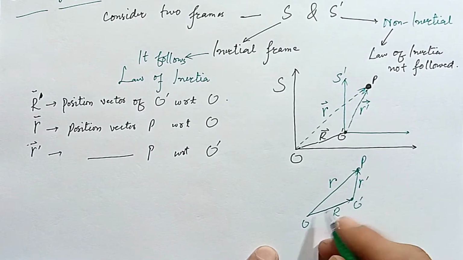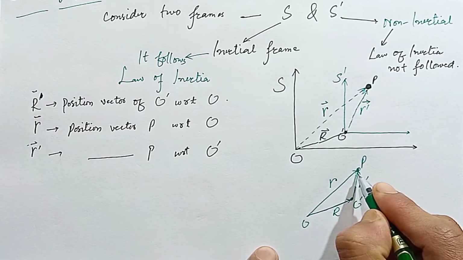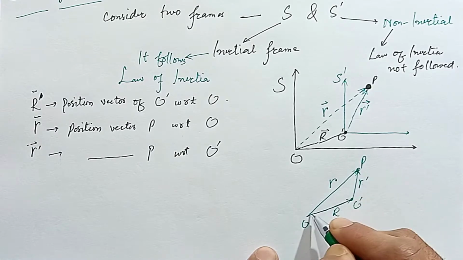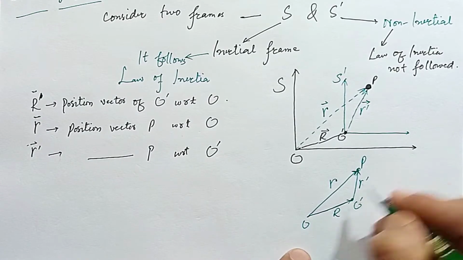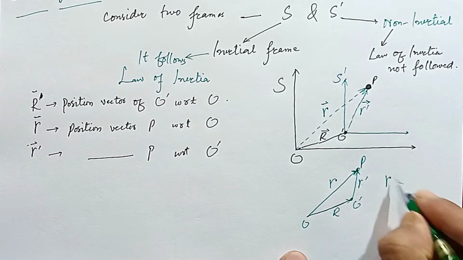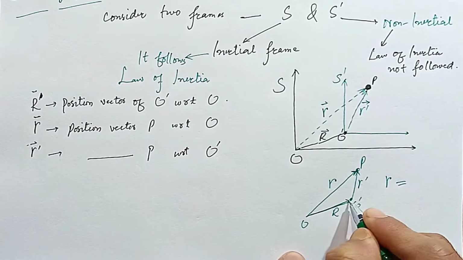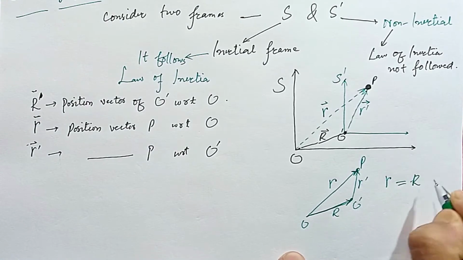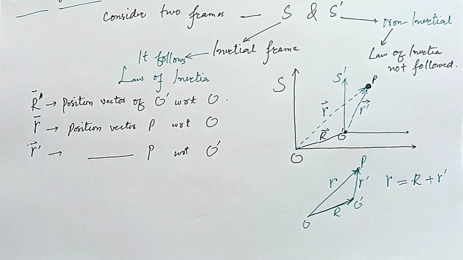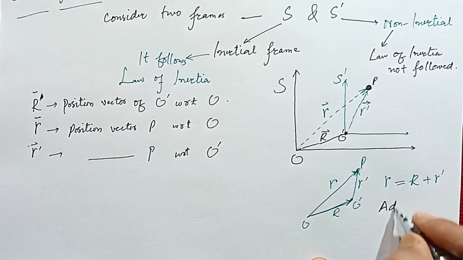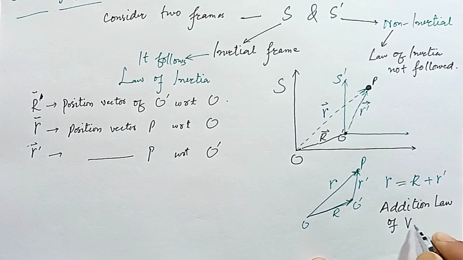Here we are moving from this position to this in the same direction, but when we move from this point to this, the arrow gets reversed. So it is simple to recall that r will be equal to the addition of these two vectors, that is R plus r prime. This is from the addition law of vectors.